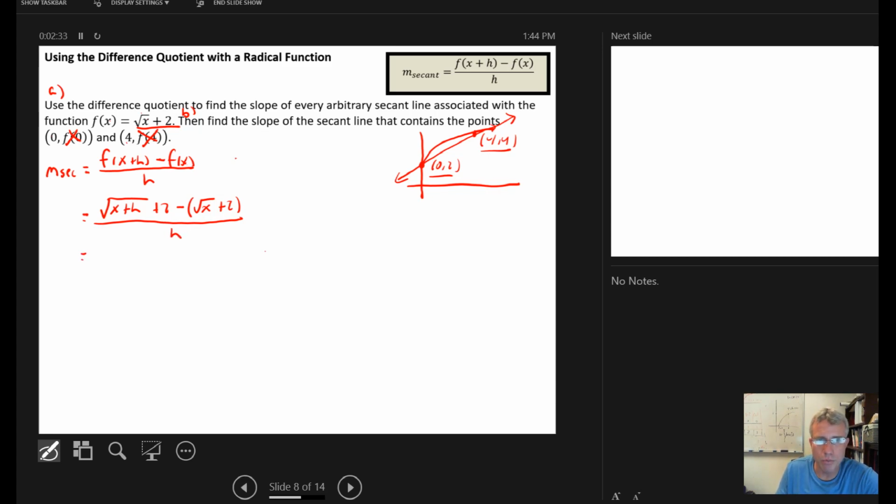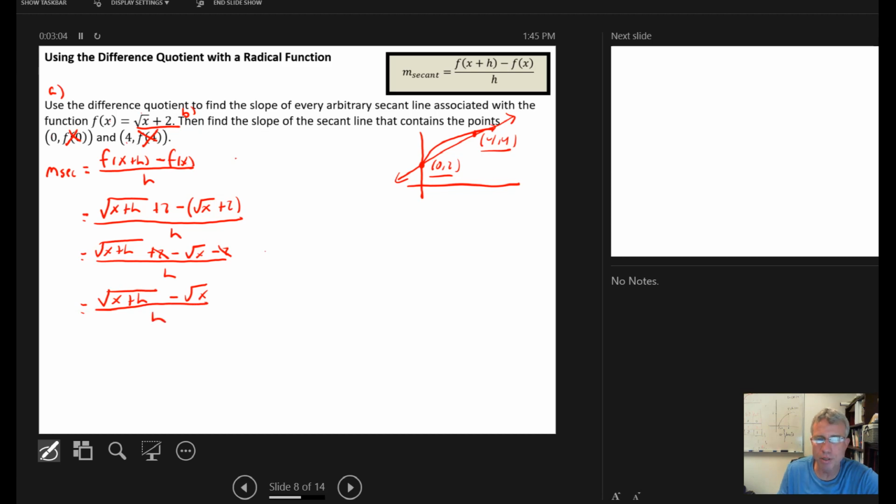And then notice if we distribute the minus into the parentheses here, we get the square root of x plus h plus 2 minus the square root of x minus 2, all over h, and the 2's are going to give us a 0, so those go away, and we wind up with the square root of x plus h minus the square root of x, all over h.